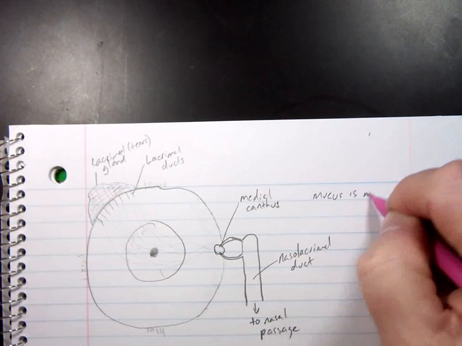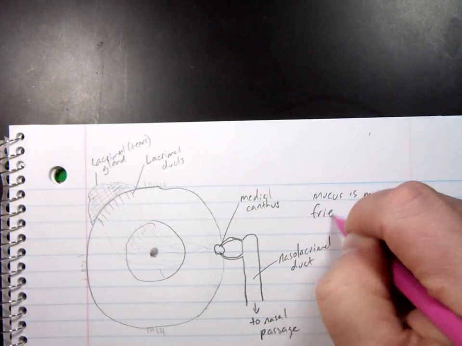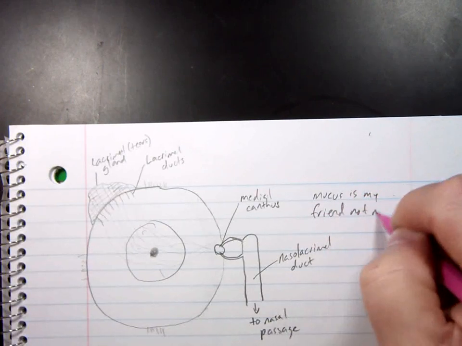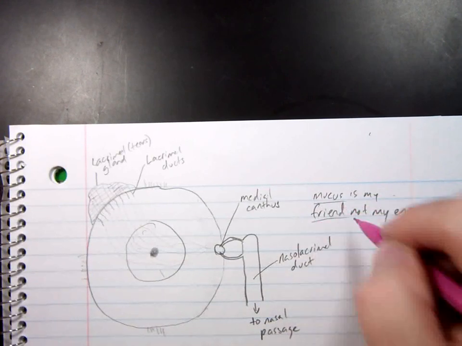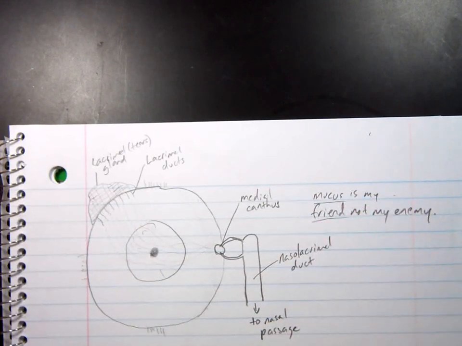Now, if you've got a little room somewhere over here, I want you to write, mucus is my friend, not my enemy. I really don't like those commercials where they get Mucinex and they show mucus as this little booger wearing a dirty t-shirt, saying, I'm Mucus and I'm moving in.